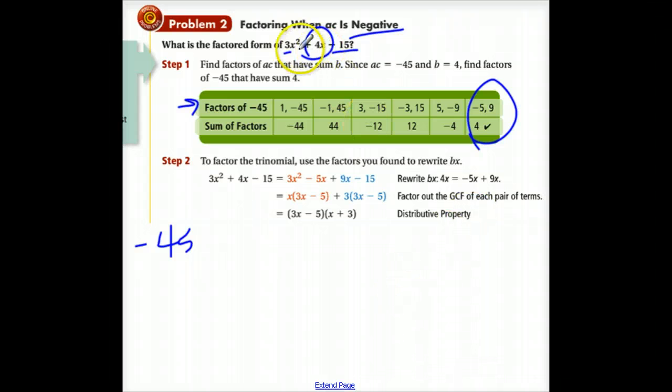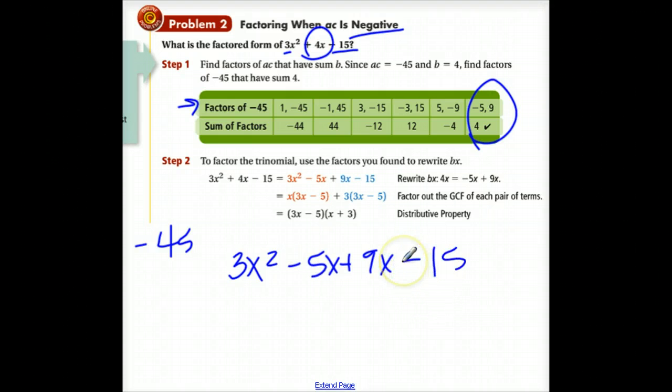So they rewrote their trinomial, 3x squared. Instead of 4x, they wrote negative 5x plus 9x, because that'll give us positive 4x minus 15. Factor out the two pairs. Let's see. I can't take a number out, but I can take an x out.